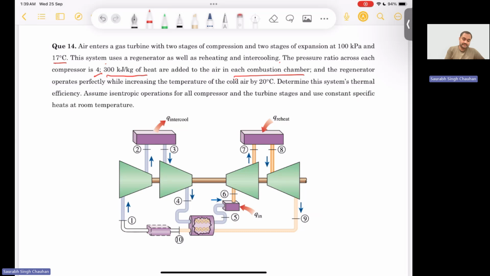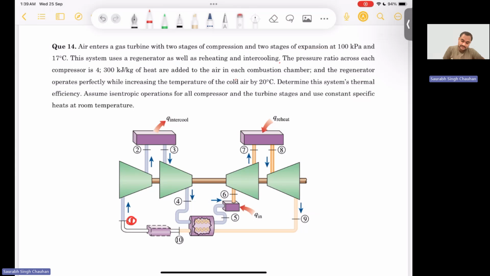Nice, so there are a lot of steps. There is a regenerator, there is reheating, there is an intercooler. So we should read the question again and check this figure for better understanding. First let us start from point 1.